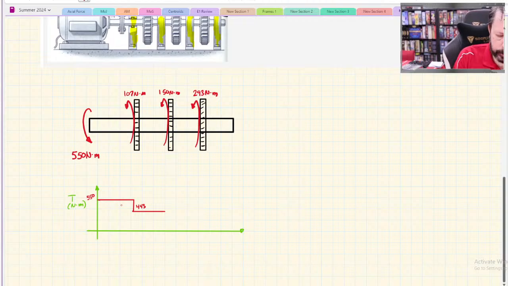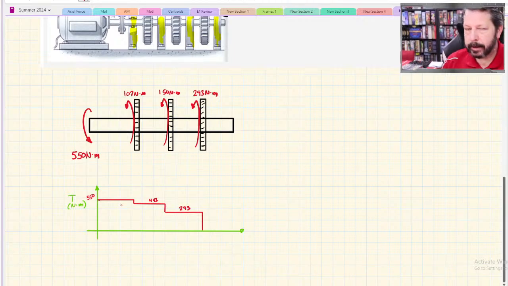Then this 443 drops down to 293, which... oh, well, 443 is actually up higher, isn't it? It's closer to right there. And drops down to 293, which is, yeah, we'll put it there. And then this one goes to 0.